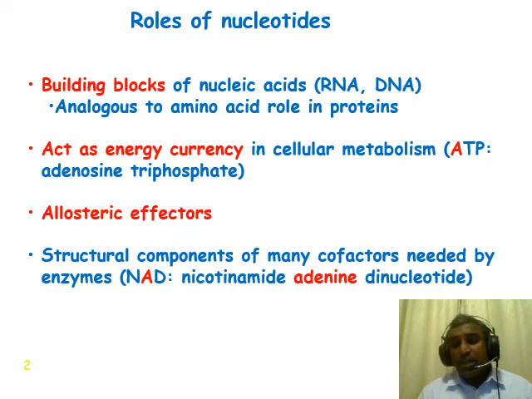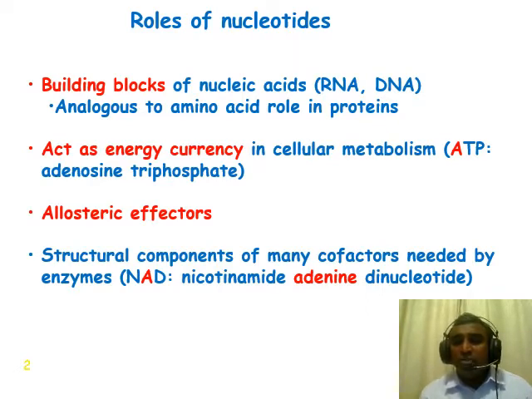Then the second function is to act as energy currency. You see this adenosine triphosphate. The adenosine can be referred to as a nucleotide, and ATP is the energy currency that is required in your body, in your cell, and very much required to do work, because the hydrolysis of ATP will release something like 30 to 32 kilojoules of energy, which is trapped in the bonds of ADP and inorganic phosphate.